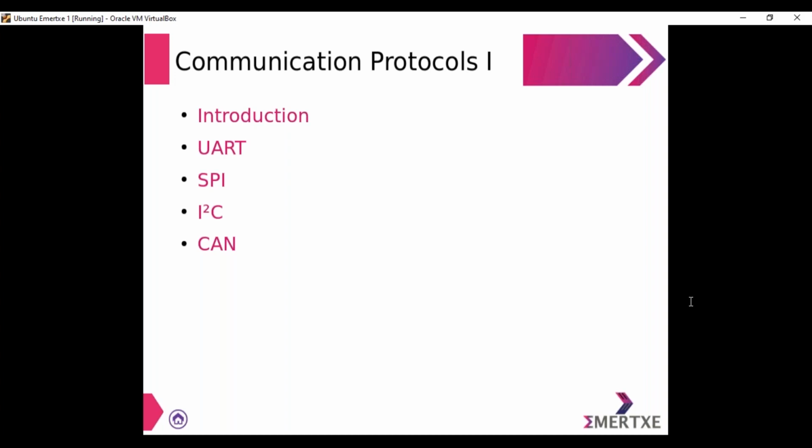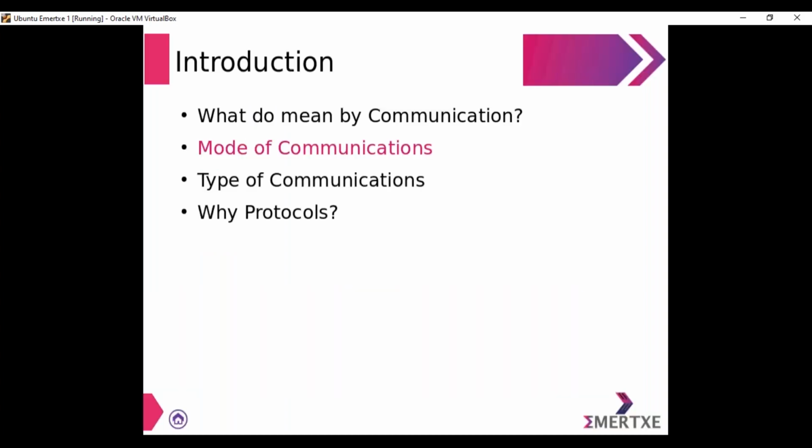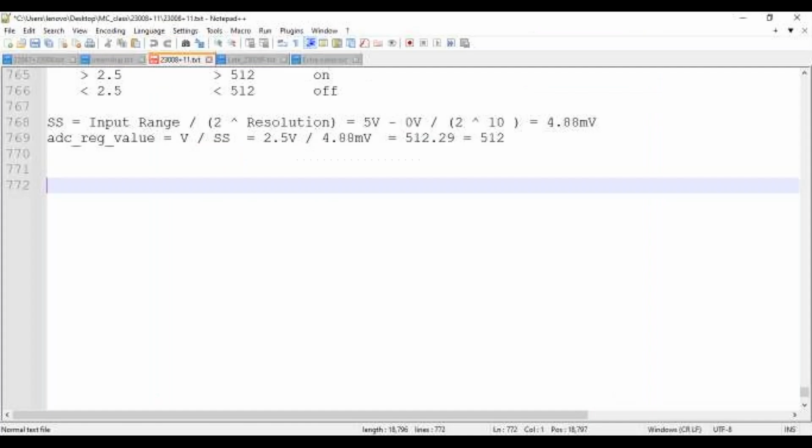Okay, moving ahead. So after the first question, what is communication? The next question is different modes of communication. Can you tell the different modes of communication? What are the different modes of communication? Okay, yes.